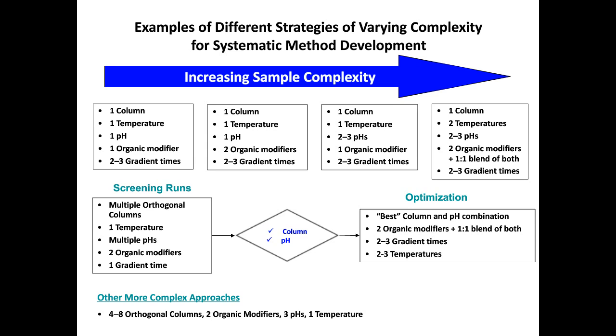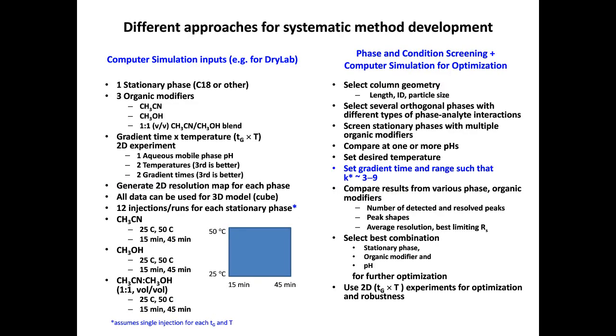On this slide, I'm showing a couple of different approaches that you might take if you were working with one single stationary phase and you wanted to apply 1 or 2 or even 3 organic modifiers, or a blend of methanol and acetonitrile, to a problem.